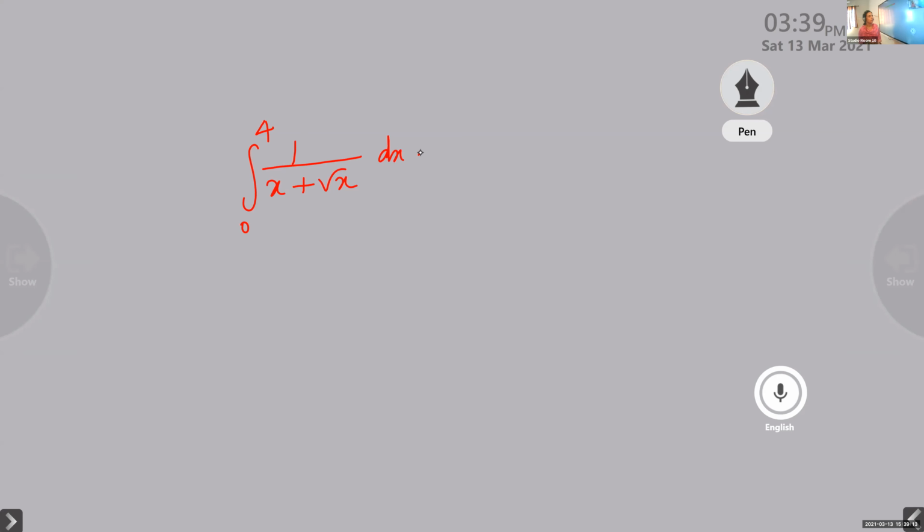Integral 0 to 4, 1 by x plus root x into dx. Listen children, how to do this?